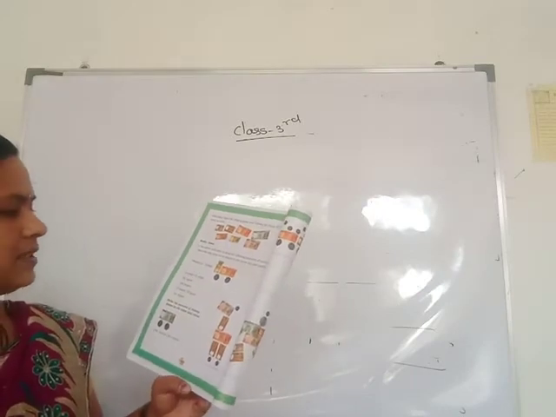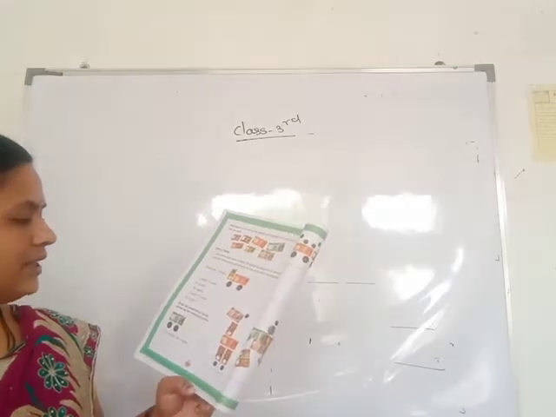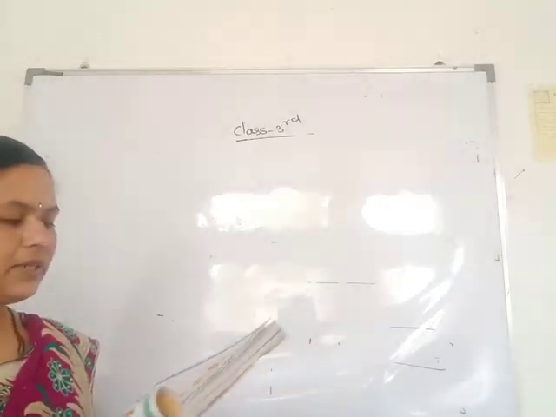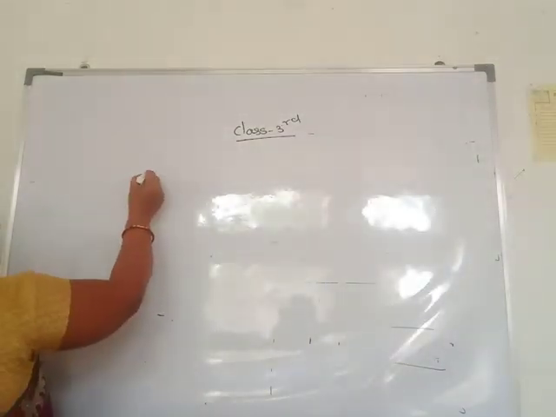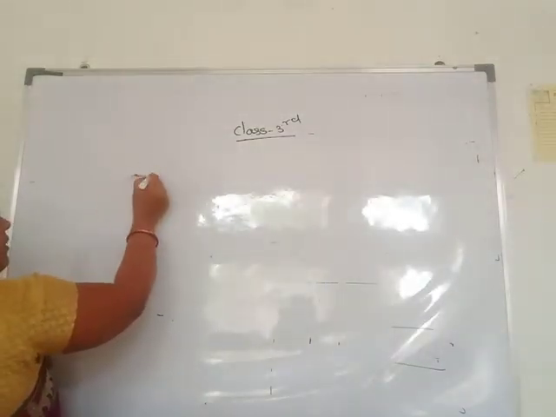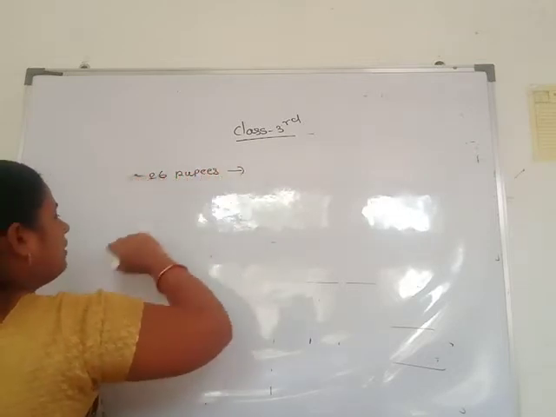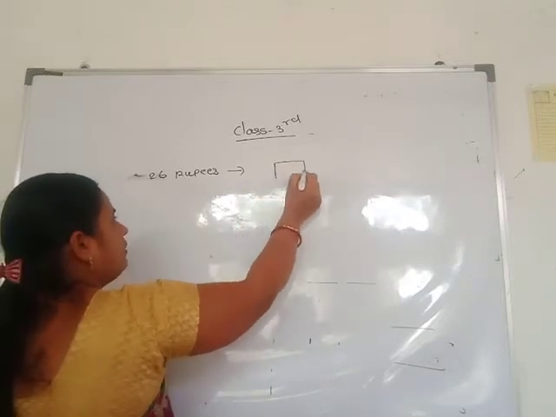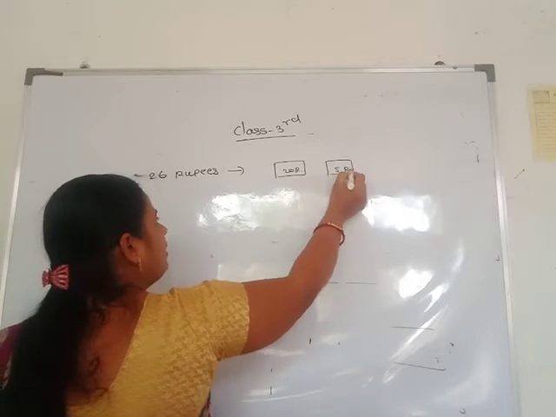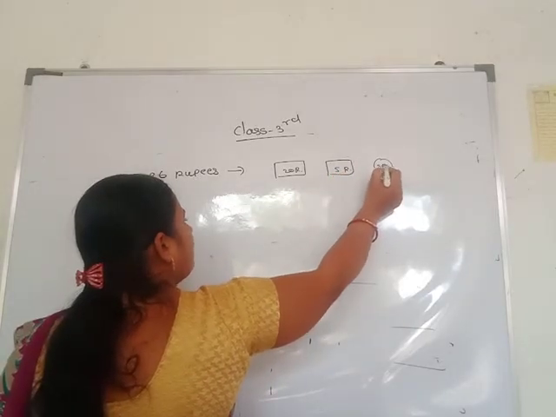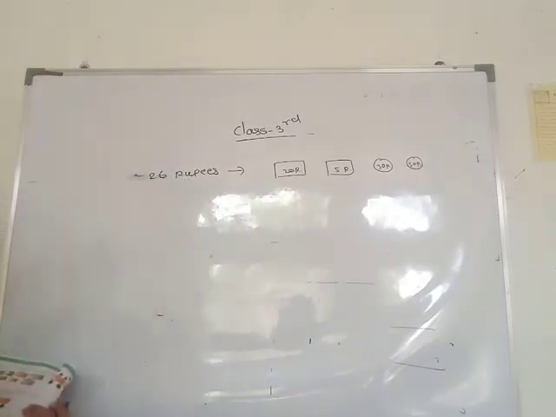Then 4 rupees 75 paise, 78 rupees, 130 rupees, 8 rupees 75 paise, 53 rupees, and you take money for these. See, firstly 26 rupees. Take your 20 rupees note, one 5 rupees note, and two 50 paise coins for 26 rupees.